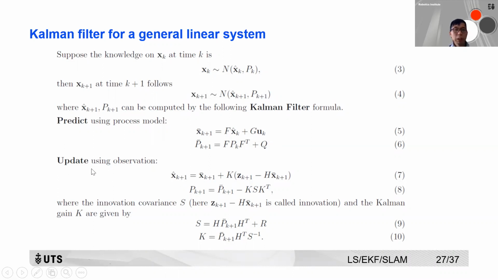Then when you do the update, you use the Kalman gain multiplied by the innovation. Innovation is the measurement minus the expected measurement. And then your covariance matrix is reduced. So this is a Kalman filter for linear system.